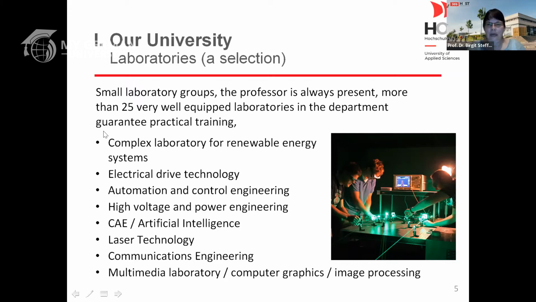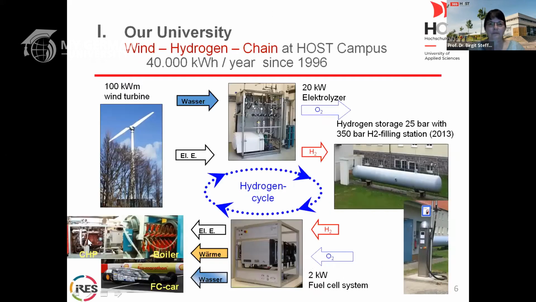Here you see some of our laboratories: the complex laboratory, the laboratory of electrical drive technology, automation and control engineering. There we have a laboratory, high voltage power engineering, and so on. Here you see some installations of our laboratory of integrated systems.